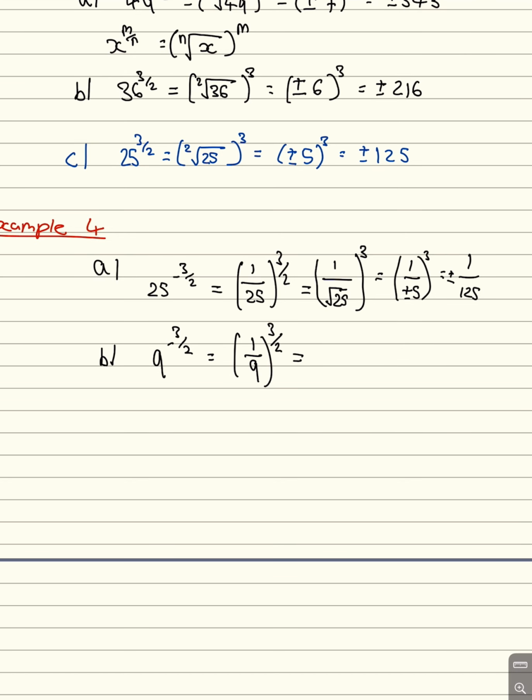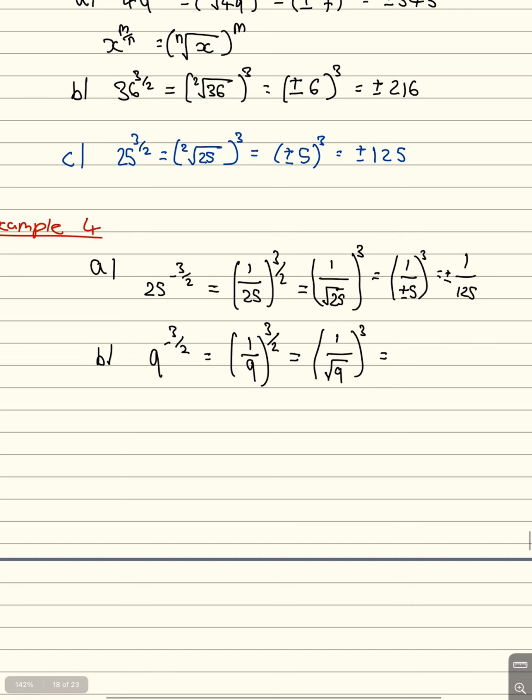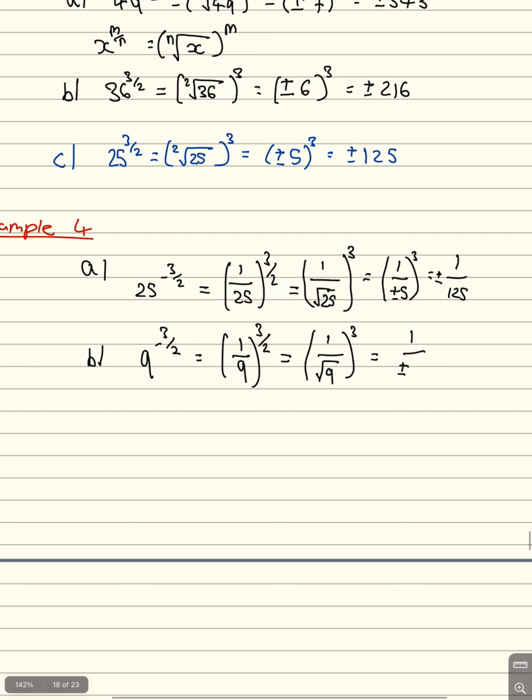Okay, and this then is equal to the square root of 9, and then put that all to the power of 3. And then we have 1 over plus or minus 3 all to the power of 3, which equals 1 over plus or minus 27, or plus or minus 1/27.